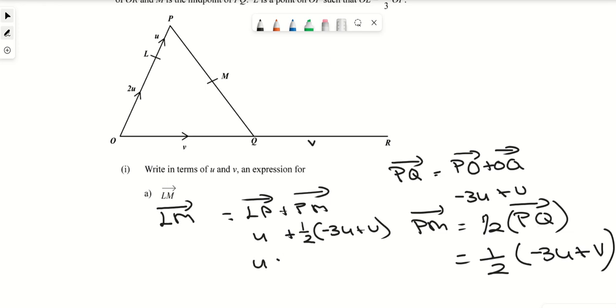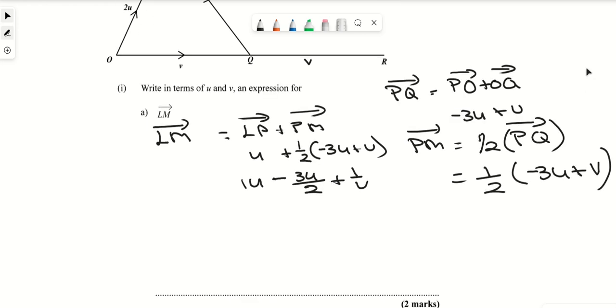So that's U. A half by minus 3U would be minus 3U all over 2. And then a half by V would be plus a half V. Now, we know this is 1, so that's 1 minus 3 over 2U, right? 3 over 2 is 1.5, so 1U minus 1.5U, plus V over 2.